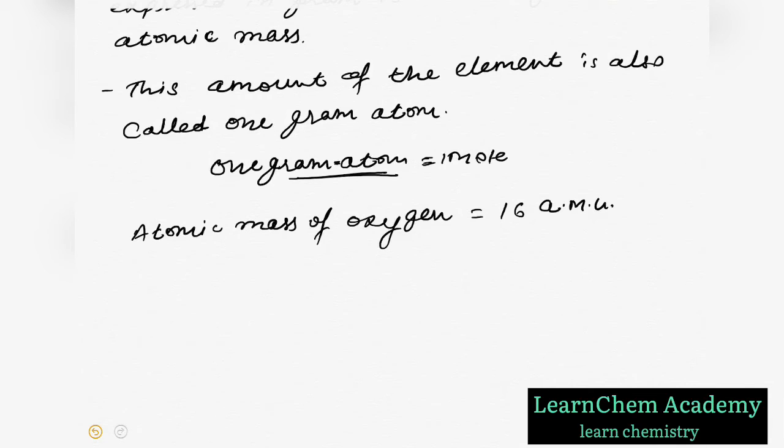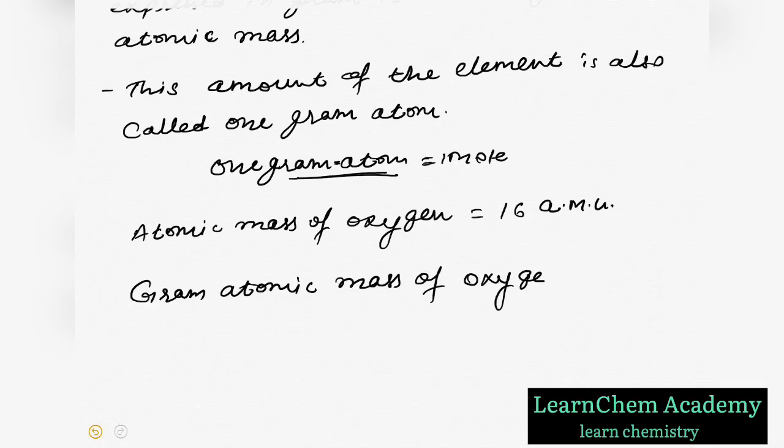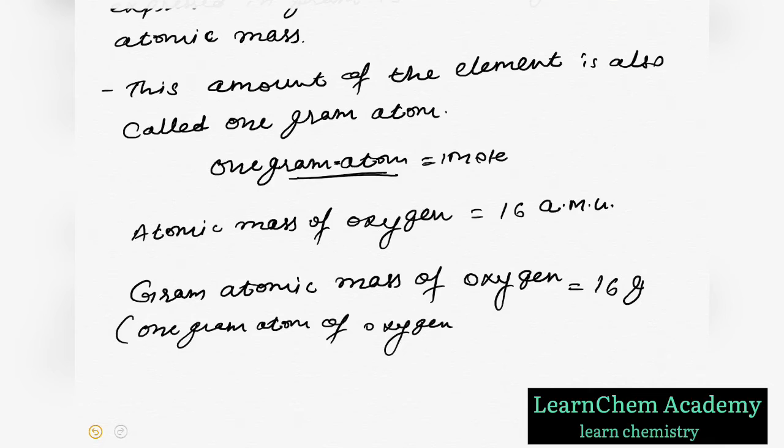So the gram atomic mass of oxygen is 16 gram, or we can say that this is 1 gram atom of oxygen. Okay, so this is the gram atomic mass.